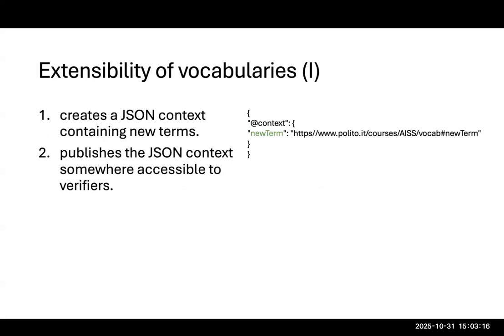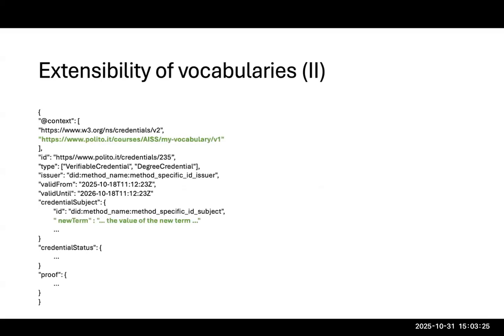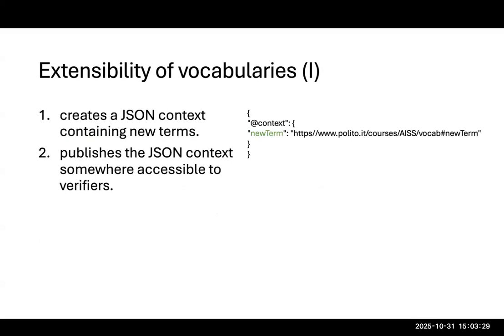Let's make an example. So in context, I essentially have to create a JSON context that contains the new terms and publish the JSON context somewhere accessible to the verifier.